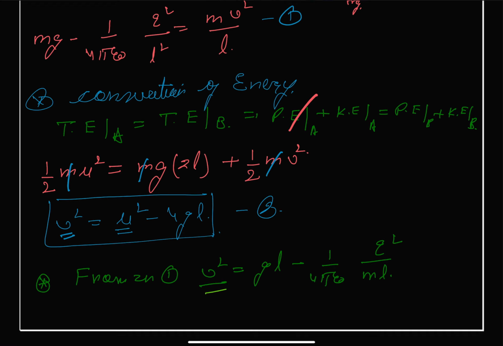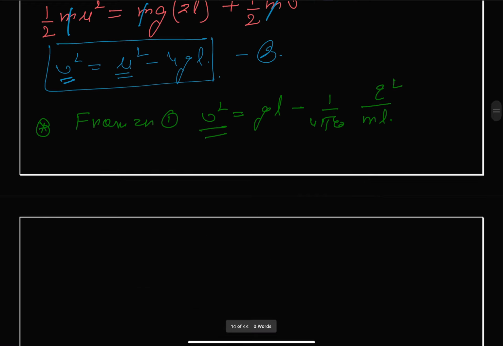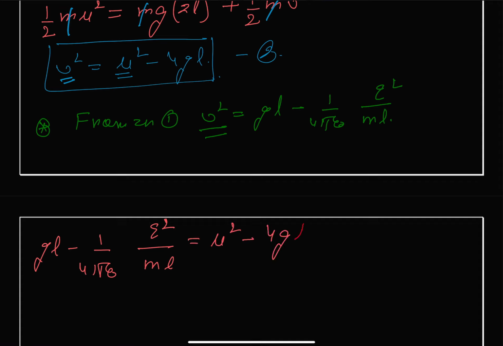So we substitute the value of V, and we get GL minus 1 upon 4 pi epsilon naught Q square upon ML is equal to U square minus 4GL.